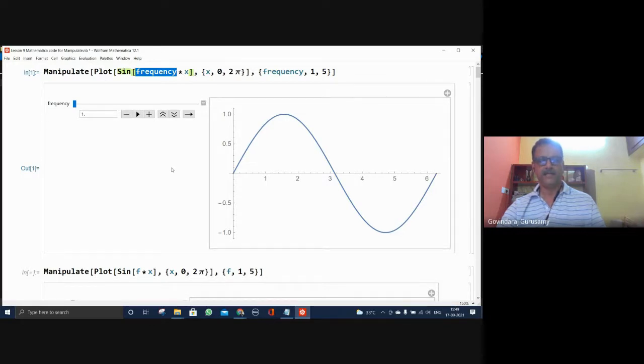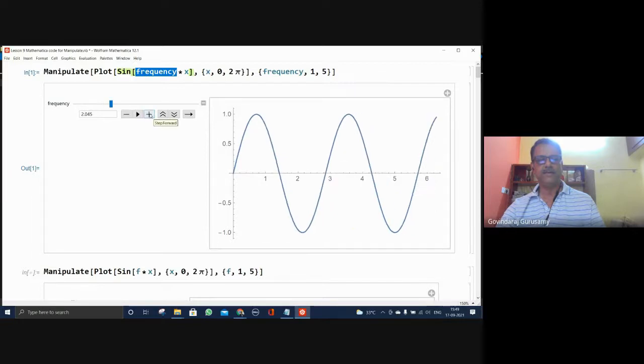Next it takes the value 2, evaluated from 0 to 2 pi, which means twice 2 pi. Therefore there will be 2 waves by the time you reach here.